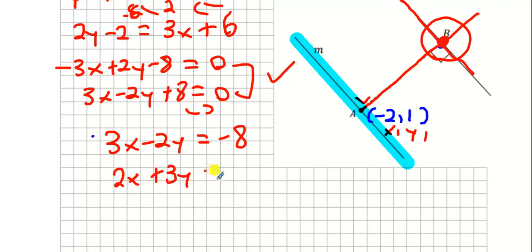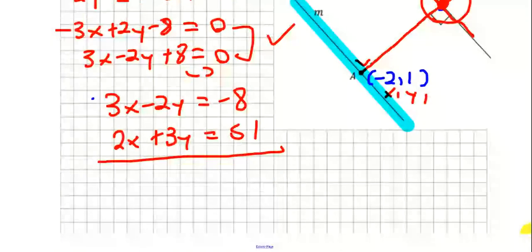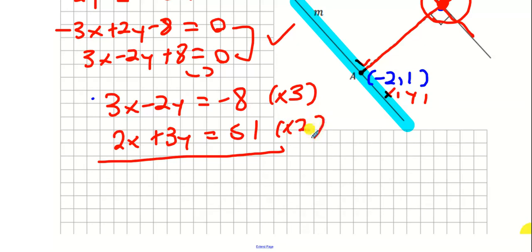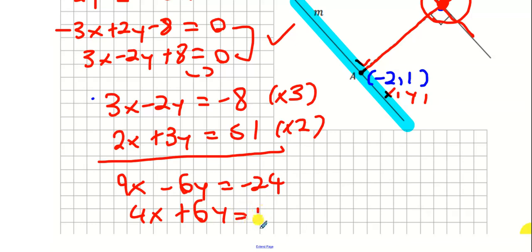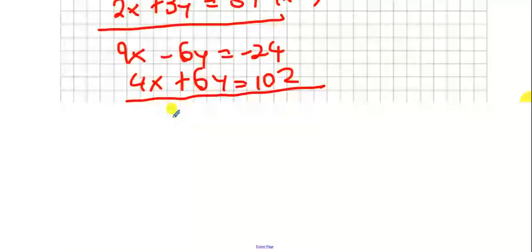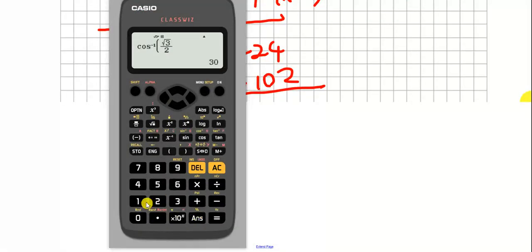We're going to solve this. We're going to multiply the top equation by 3 and the bottom equation by 2. And we should get minus 9x plus 6y equals minus 24, and then underneath we're going to get 4x plus 6y equals 102. And then we're just going to get 13x equals 102 take away 24.